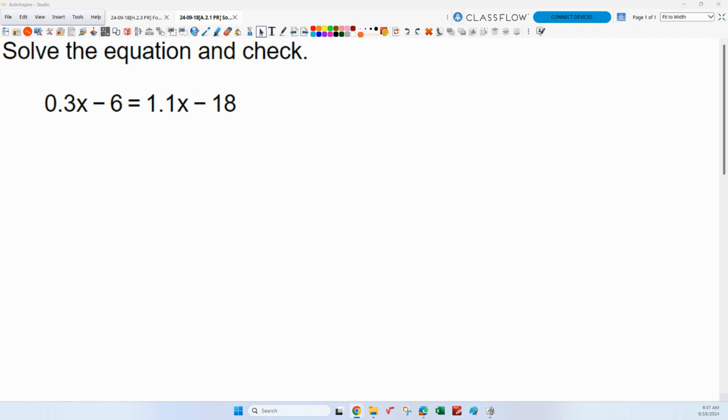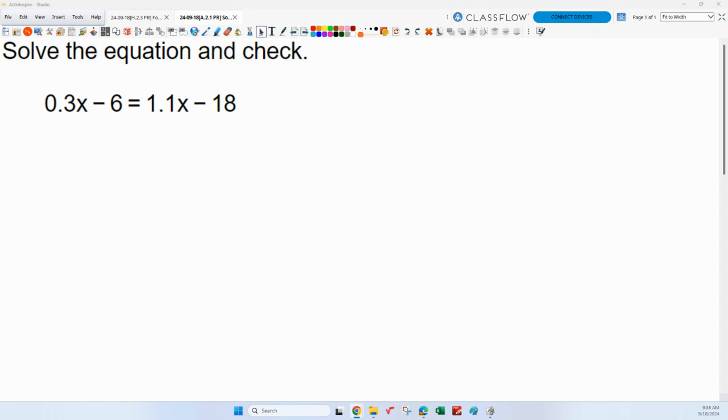If you wanted to, let's say you didn't have access to the calculator for some reason, and you wanted to make the arithmetic, the multiplying, dividing, adding, subtracting, easier by getting rid of the decimals, how could you do that? Could I distribute something through to the entire equation, both sides, to get rid of the decimals? Yeah, right? Remember how decimals work.